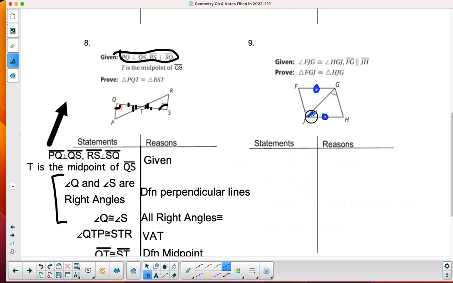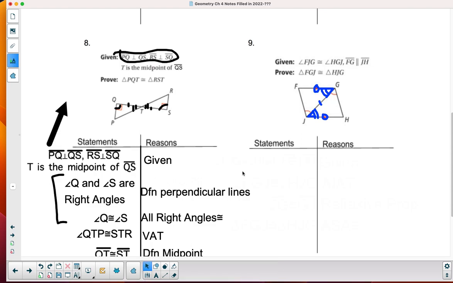And that angle is going to be right here and right here with that transversal. It's not only a transversal, but JG, GJ is reflexive in this. So I'm going to be able to prove this is true. And once I do these two parallel lines and say that this angle is congruent to this angle, I have these two triangles congruent by angle, side, angle.